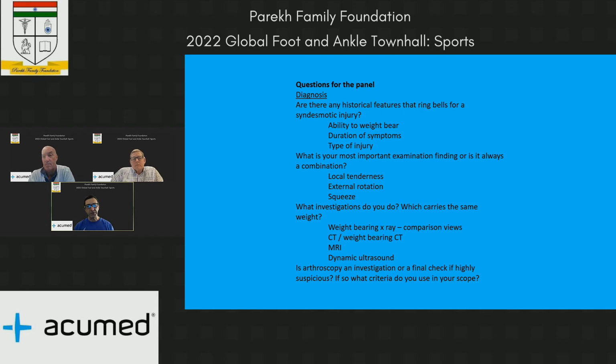If I'm then suspicious of a syndesmotic injury, because of the relative availability, I'll go to an MRI scan. And I think that gives tremendous information. Ben's point there about the bone marrow edema in the posterior malleolus, or a fracture that you haven't seen on your plain films, is a red hot pointer.